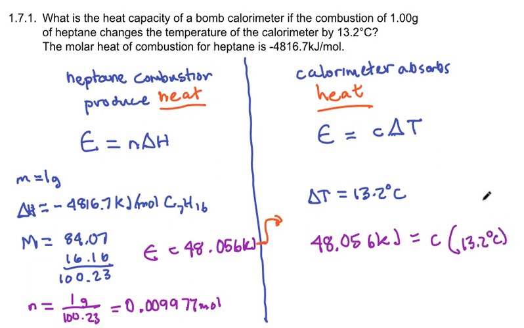Divide both sides by 13.2, and we get that the specific heat of the calorimeter is 3.641 kilojoules per degree Celsius. Joules per degree Celsius is also acceptable, but because they gave this first information in kilojoules, I just stayed with that. Significant digits, 3, 3.